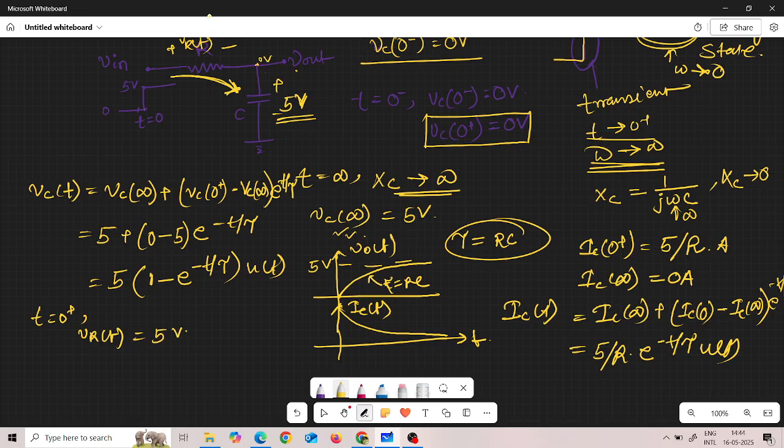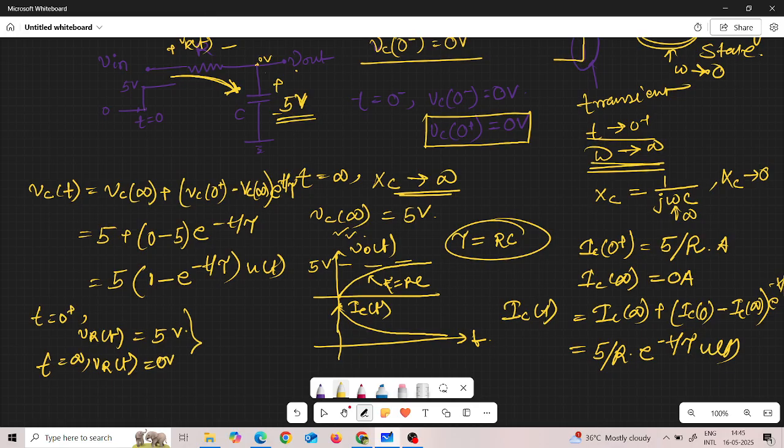But at t equal to infinity, the capacitor is fully charged to 5 volt and the input is also 5 volt, so the current flowing through the resistor is 0. So at t equal to infinity, the voltage across the resistor is 0 volt.